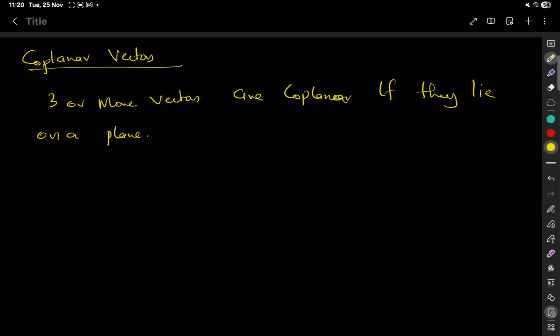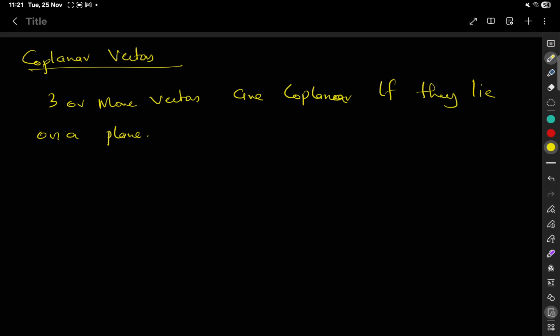Now here so many things you need to understand. You may think this is a very simple thing and just read the definition and leave it. Actually it is very simple, but the problem is students don't have the proper clarity about coplanar vectors normally. So listen very carefully.